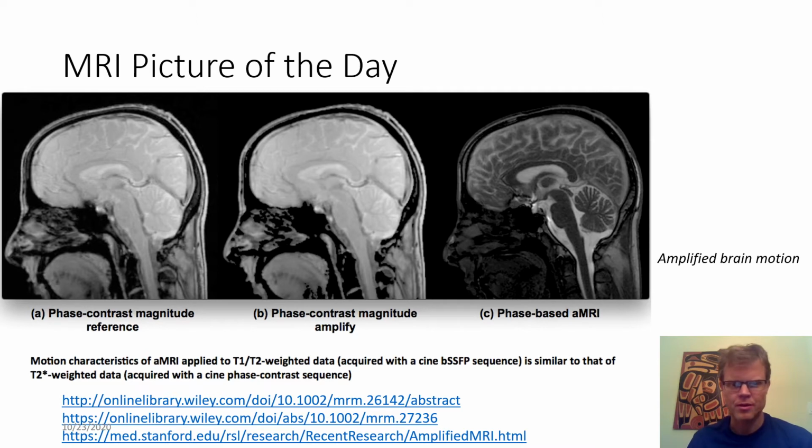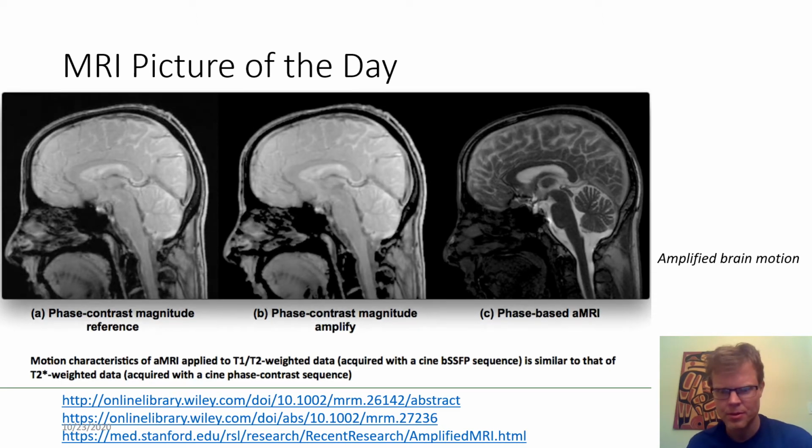And it's our distraction for the day here. So this is an interesting technique called amplified MRI, where basically they took microscopic or very small scale motions you can measure in the brain, like happening with pulsation.